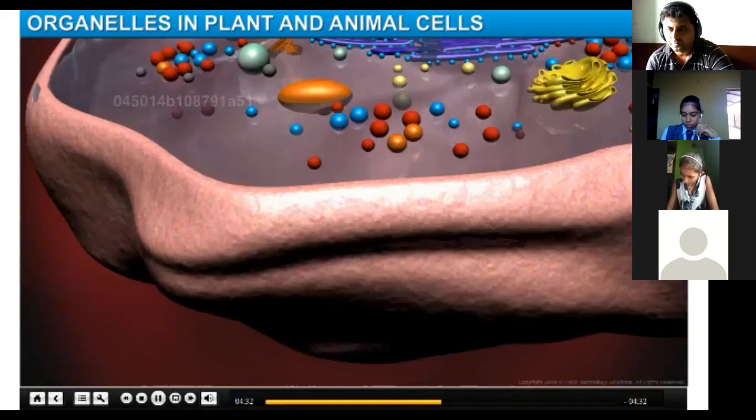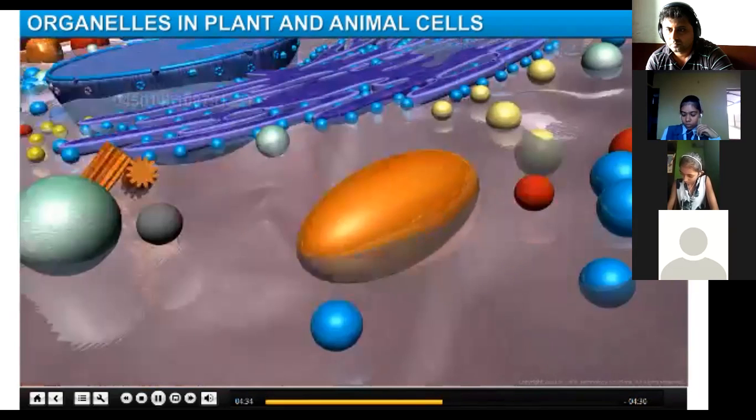They contain 40 different types of digestive enzymes. These enzymes destroy injured old organelles and foreign substances like bacteria and leave the destroyed contents outside the cell.